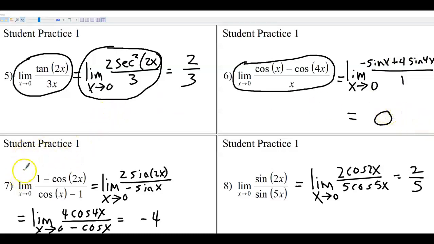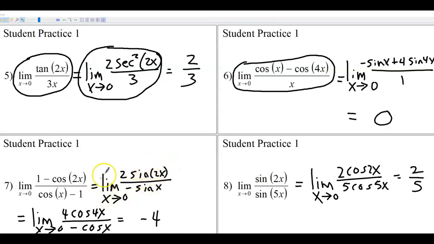For this one, number 7, we actually had to do the L'Hopital's rule twice. The first time you do L'Hopital's rule, and you take the derivative on the top and the bottom, you should have gotten 2 sine of 2x over negative sine of x. But that still results in an indeterminate form when you do direct substitution. So we take the derivative again.